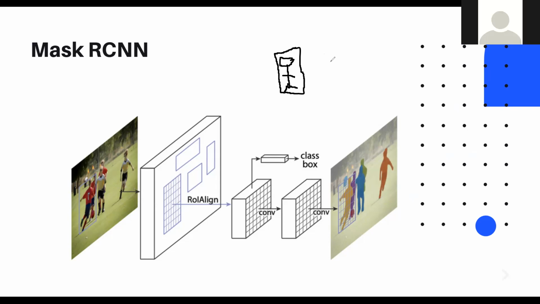Any U-Net or any of them will work, right? So basically you put here an encoder and then you put here a decoder. And the decoder will give us the mask.